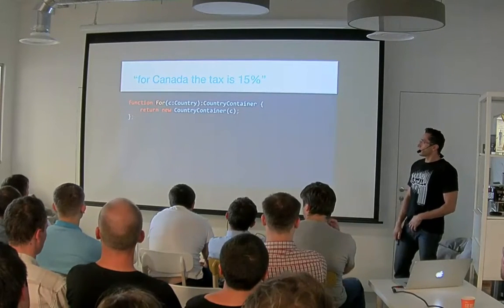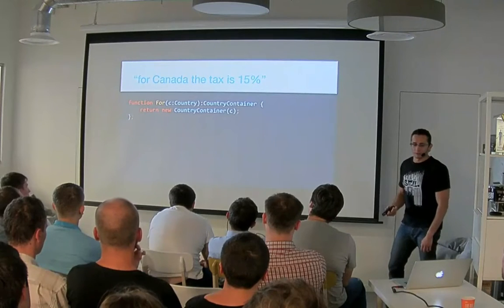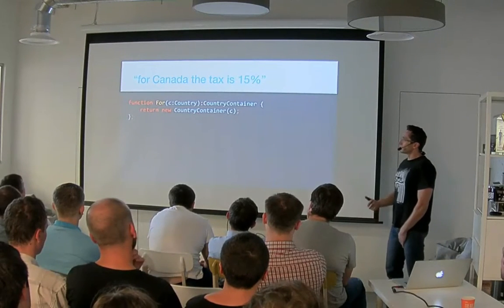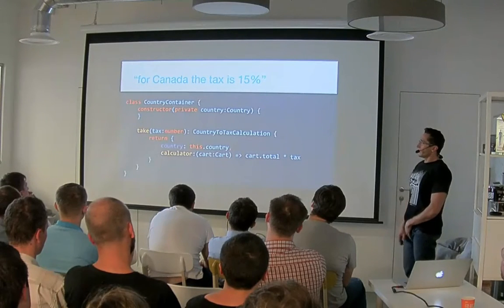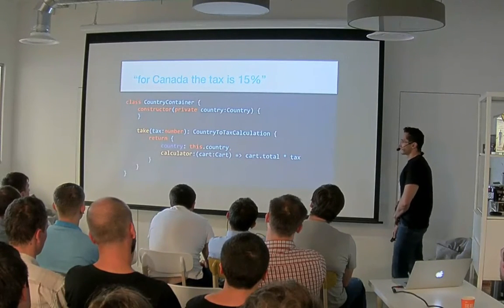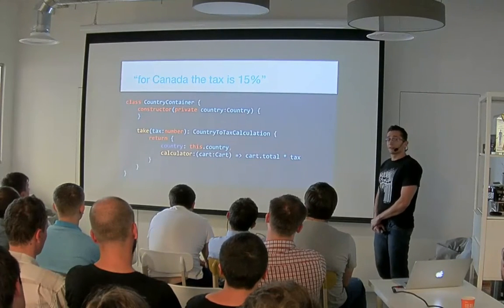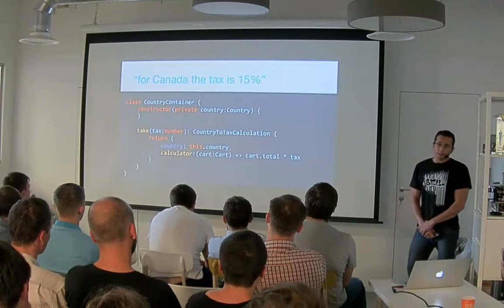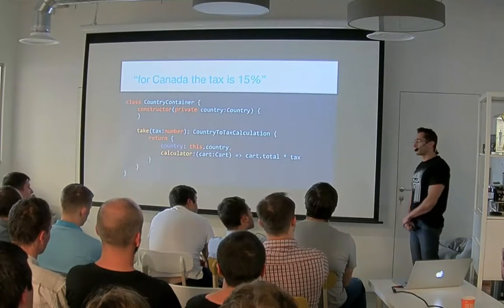The for function is a simple function called for. It takes in a country parameter, and it returns a country container. A country container is a simple class that takes a country in its constructor, and it has a verb, take. Take, if you remember, is one of the words in the vocabulary we built before.